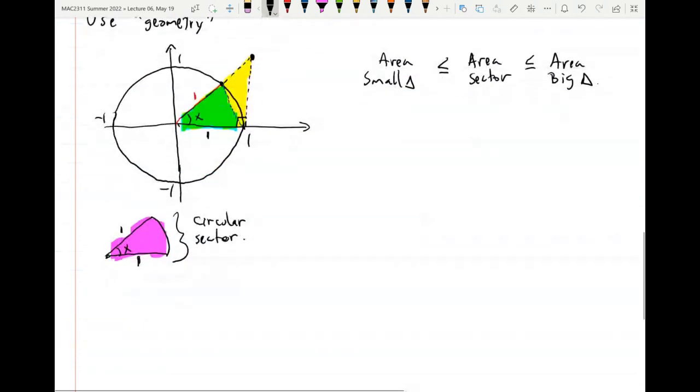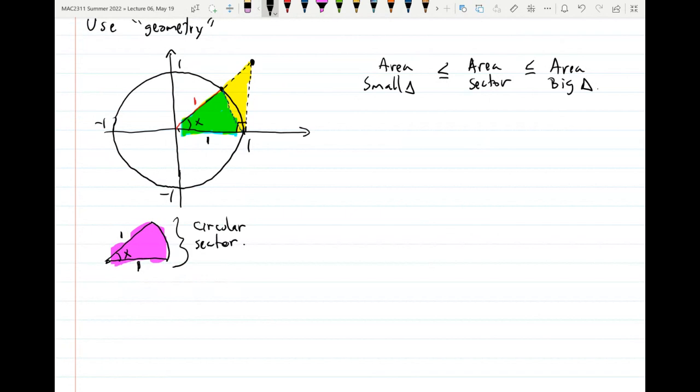Let me remind you of the formula here. If you have a triangle in which you know two sides, a and b, and the angle in between, let's call it alpha, then the area of that triangle can be calculated as 1/2 a times b times the sine of alpha.